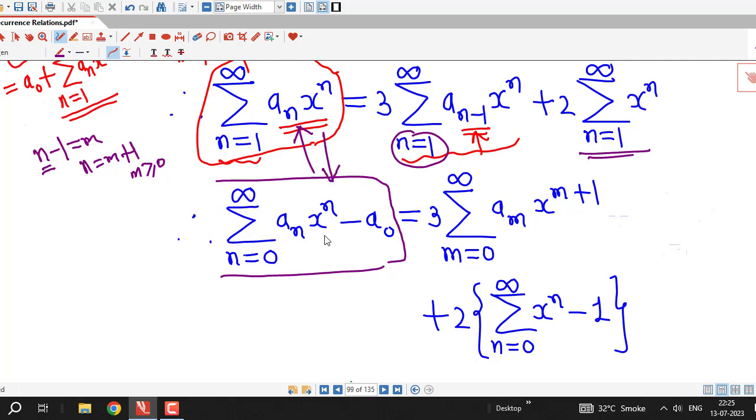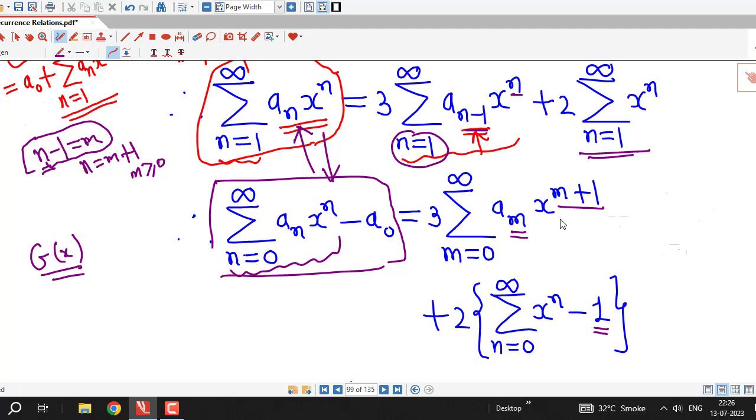This summation is replaced by this summation minus a0, equal to 3 times, n minus 1 is replaced by m, n is replaced by m plus 1, and n minus 1 equals m, and n starts from 1, therefore m starts from 0, plus 2 times sigma x raised to n, n equal to 0 to infinity, minus, we have to subtract the term corresponding to n equal to 0, which is x raised to 0, and x raised to 0 is 1.